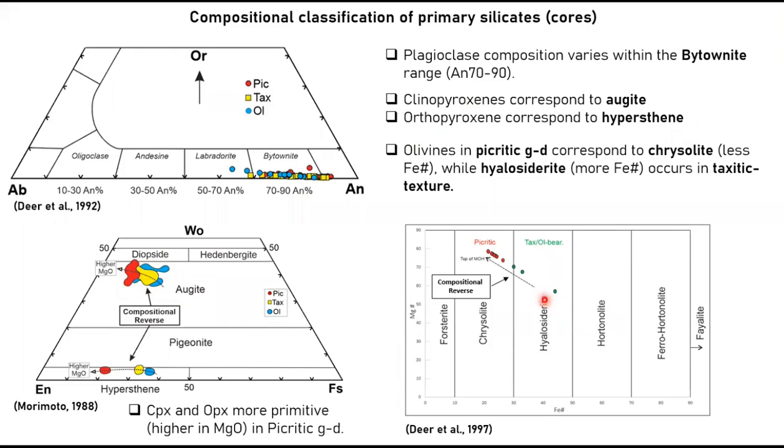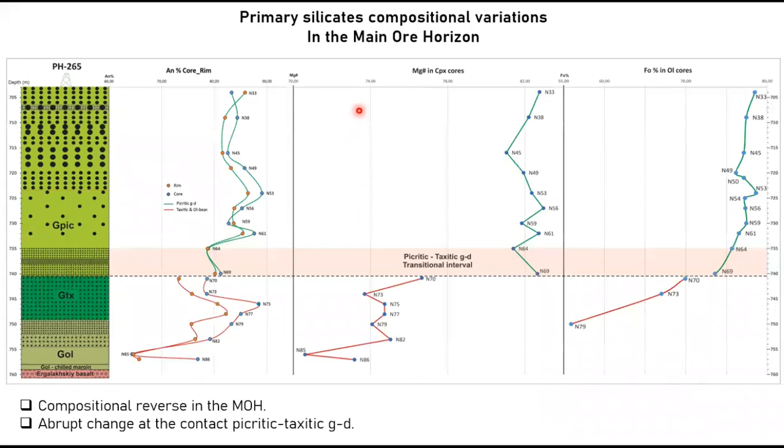We can also see the compositional reversal occurring for olivine, with more primitive compositions in the picritic in the upper part of the main ore horizon. This is a vertical variation in the composition of plagioclase, pyroxene, clinopyroxene, and olivine.